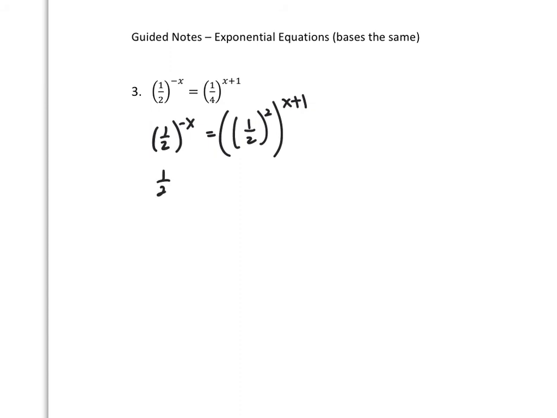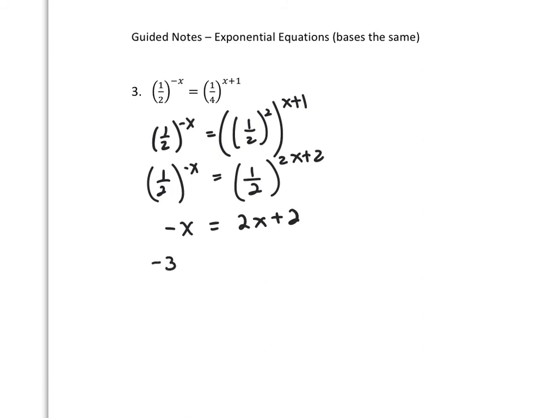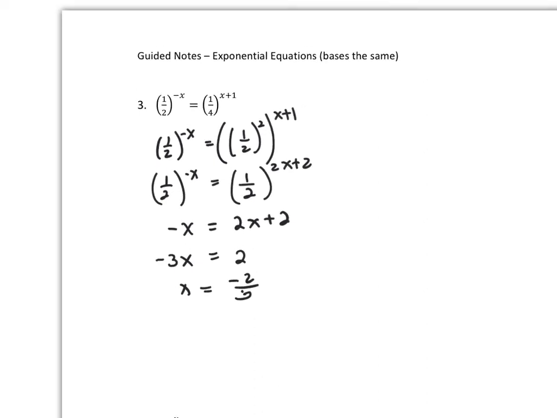So that's 1/2 to the negative x equals 1/2 to the 2x plus 2, multiplying the 2 times the x plus 1. The bases are the same, so drop the base and set the exponents equal to each other. I'm going to subtract 2x from both sides, and I get negative 3x equals 2. x is negative 2/3 because I divided both sides by 3.